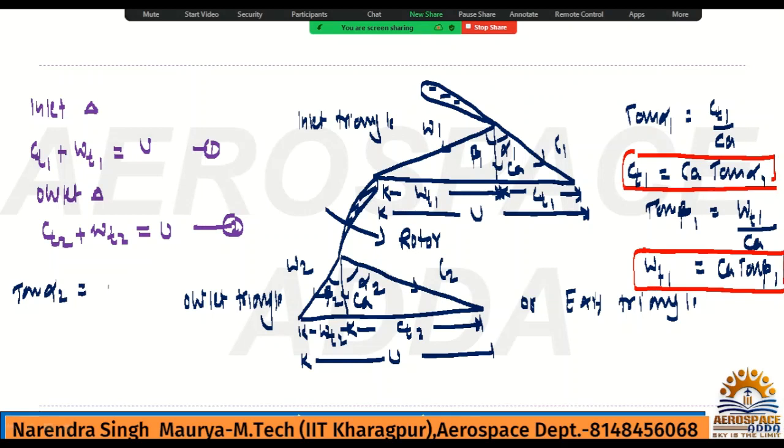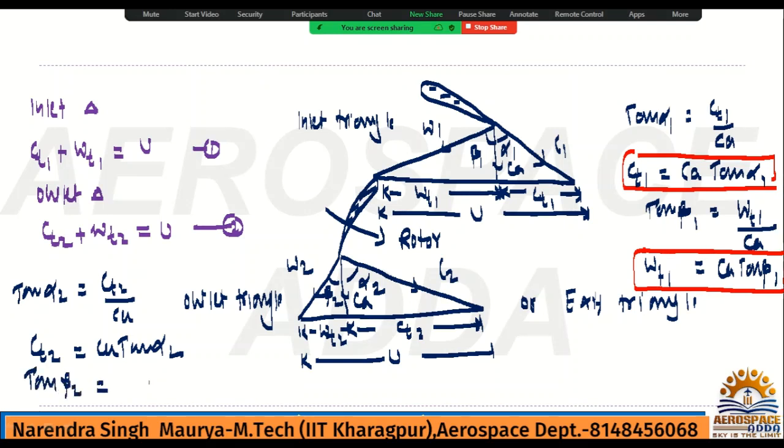Now coming to this tan alpha 2, it is CT2 by CA. What is CT2? CA tan alpha 2. Similarly, what is the tan beta 2? It is WT2 by CA.